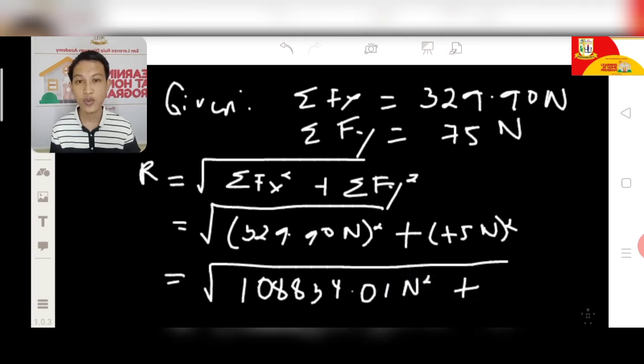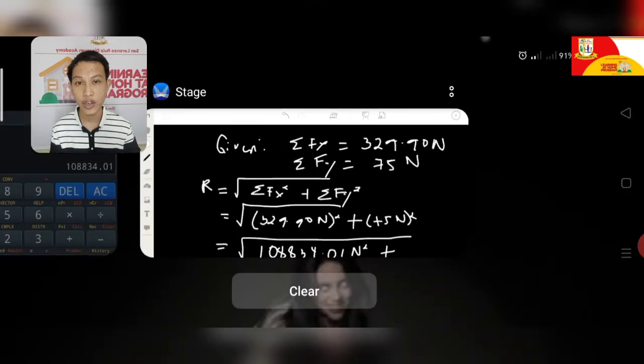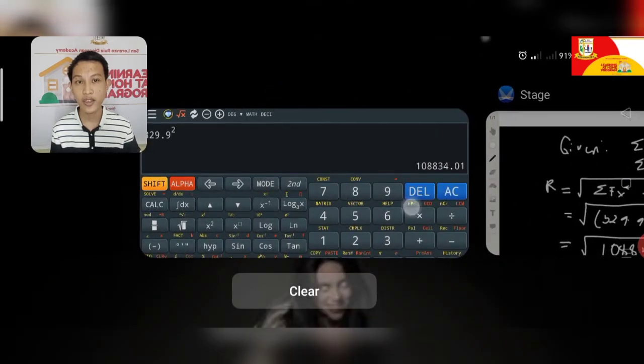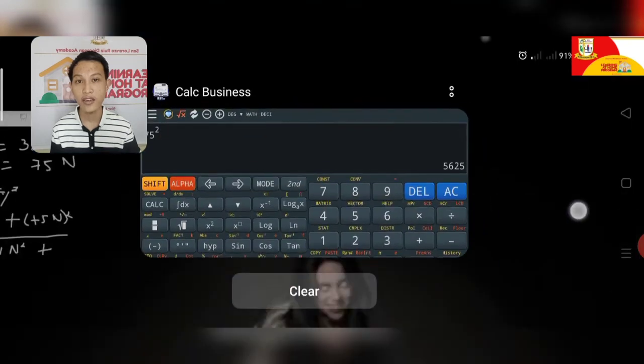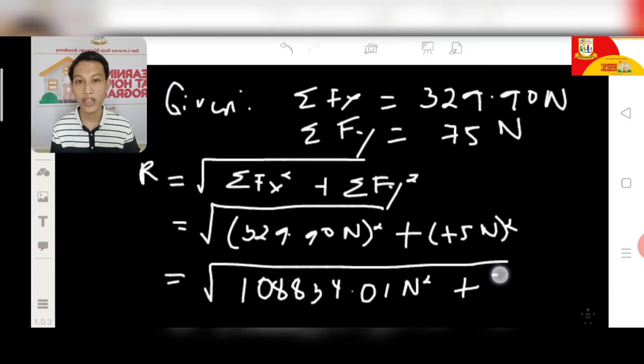Then we will get the square of the 75 newtons, and that is, using your calculator, type 75 squared is equal to 5,625. Okay, write down on your equation 5,625 newtons squared.